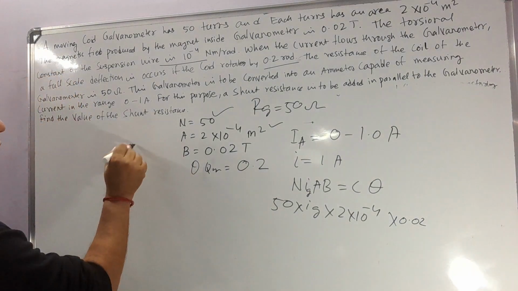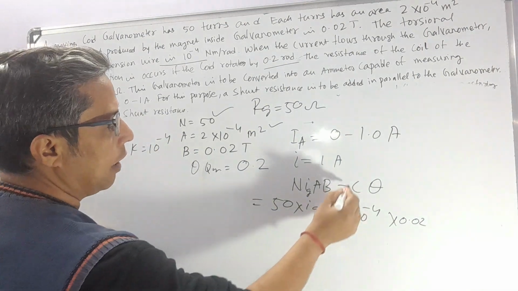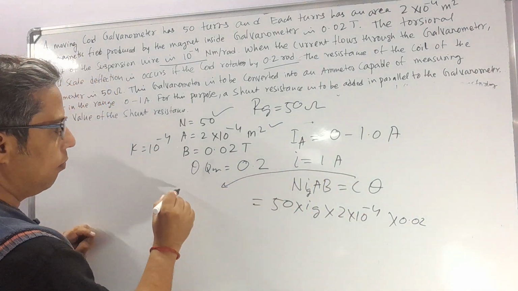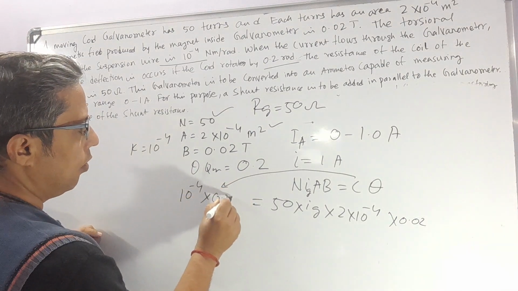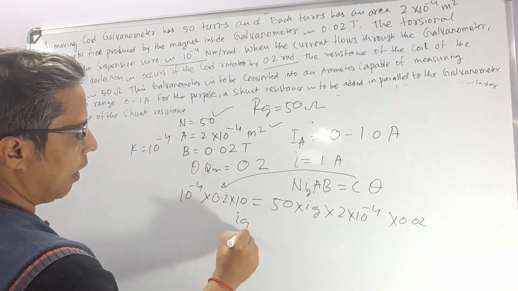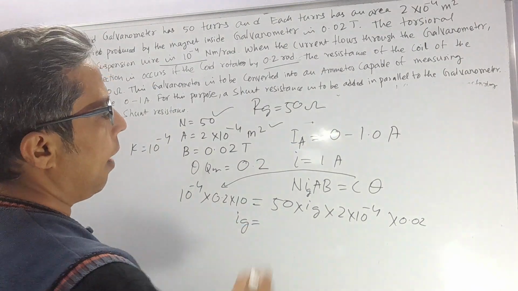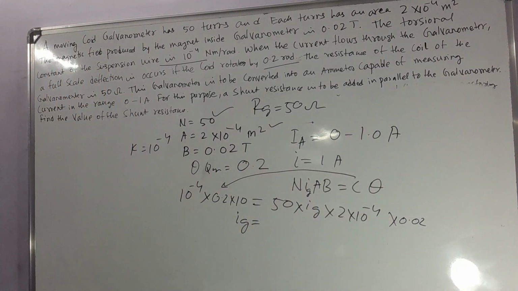K we know is 10 to the power minus 4, so C theta will be 10 to the power minus 4 into theta, which is 0.2 into 10. So from here we are getting Ig, the current which is passing through the galvanometer.